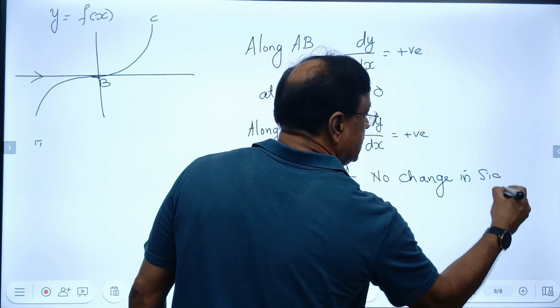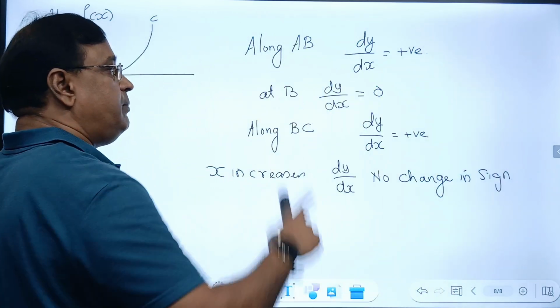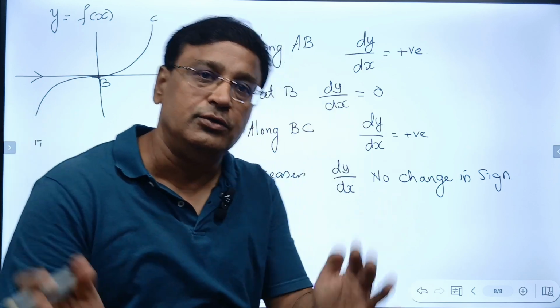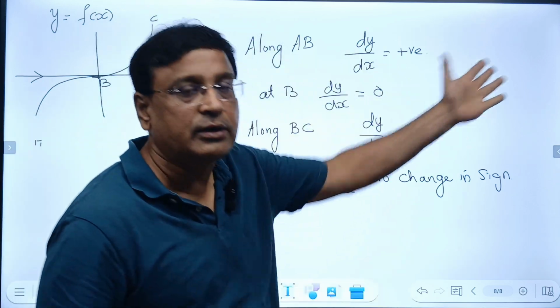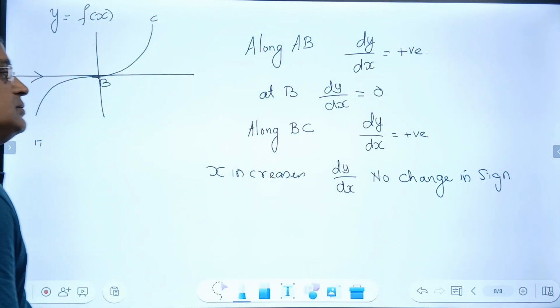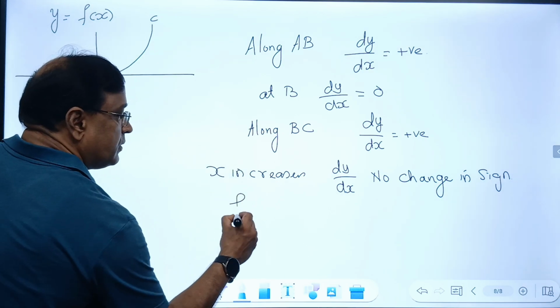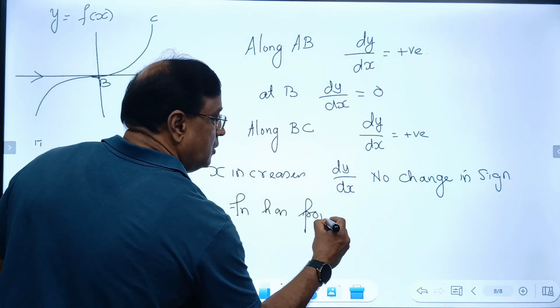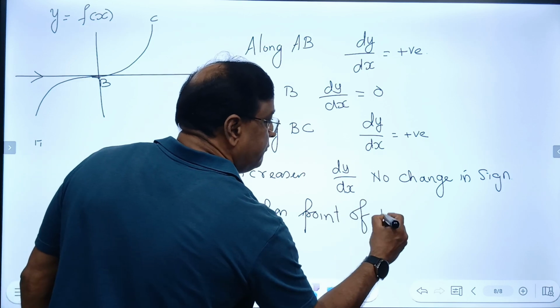There is no change at all. Dy by dx does not change its sign. It always takes positive values. It comes to 0 and again it continues to take positive values. Then you can say the function has a point of inflection.